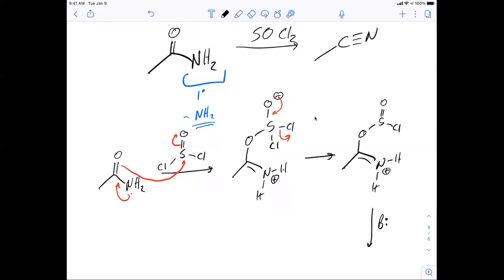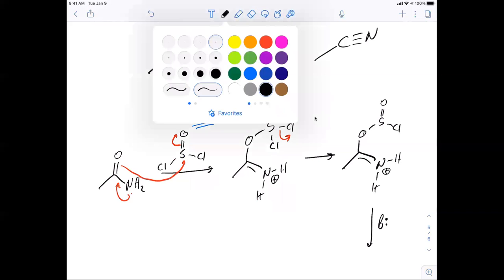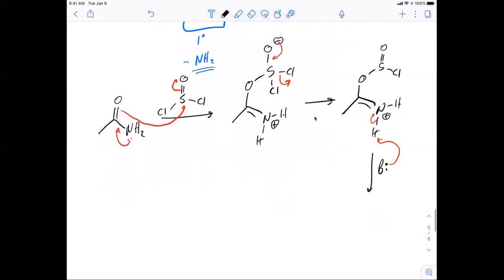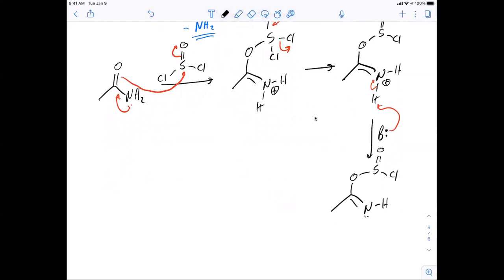Then if we use a generic base, it could be the chloride, but again, chlorides don't make great bases. We can pick up a proton. And again, promoted with a base.